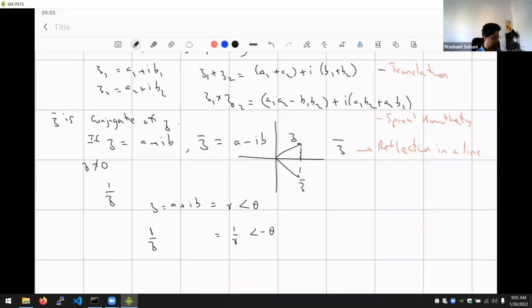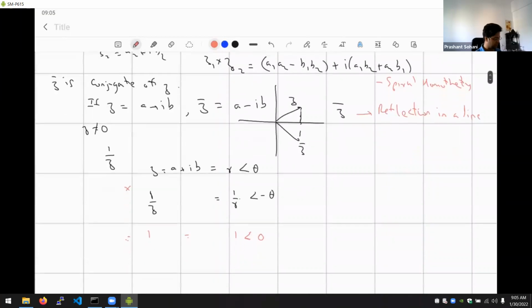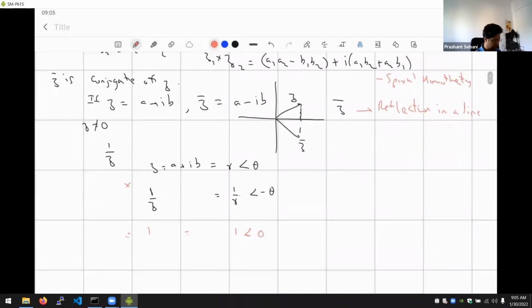The reason is that when we multiply these two together, I'm expecting the answer to be 1. And 1 in the polar domain is simply 1 angle 0, because the magnitude is 1 and the angle is 0 with respect to the x-axis. For this to happen, as we saw last time, the arguments get added, so theta plus minus theta is 0, and the magnitudes get multiplied, so r into 1 by r equals 1. Therefore, it makes sense to represent 1 by z as 1 by r angle minus theta.